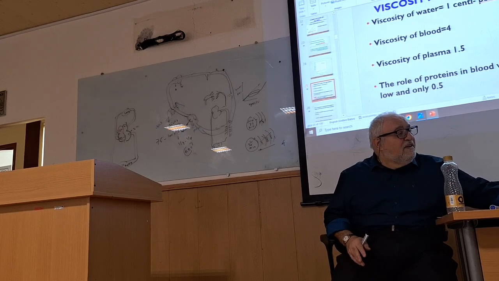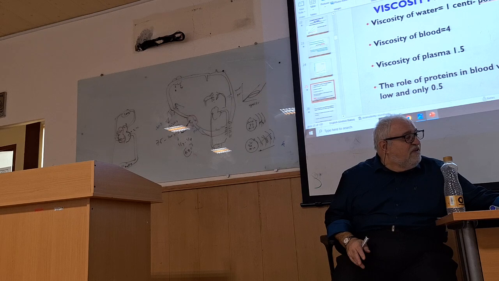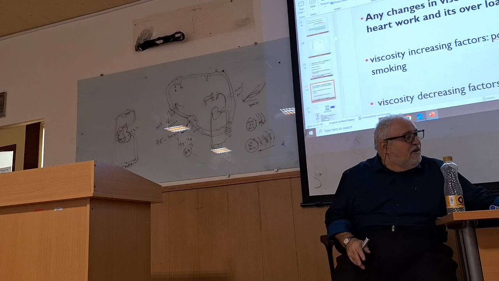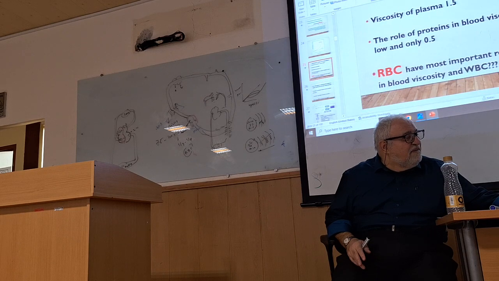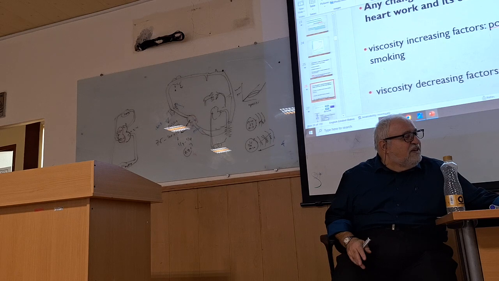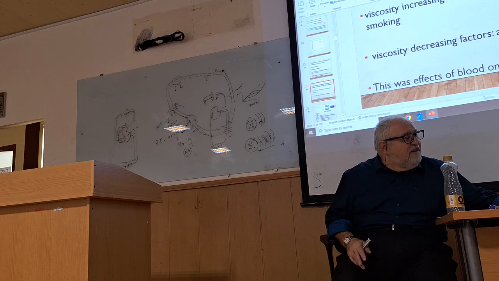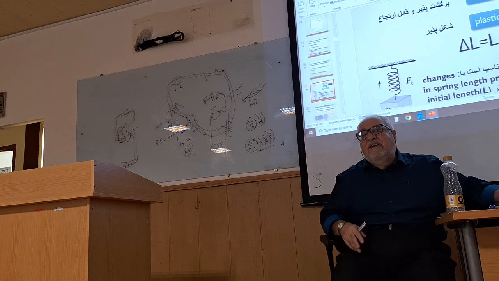The RBC has the most important role and impact on viscosity, and any change in the viscosity increases the heart work and its overload of activity. This could be due to factors such as polycythemia, smoking, anemia, and all of them affect the heart.